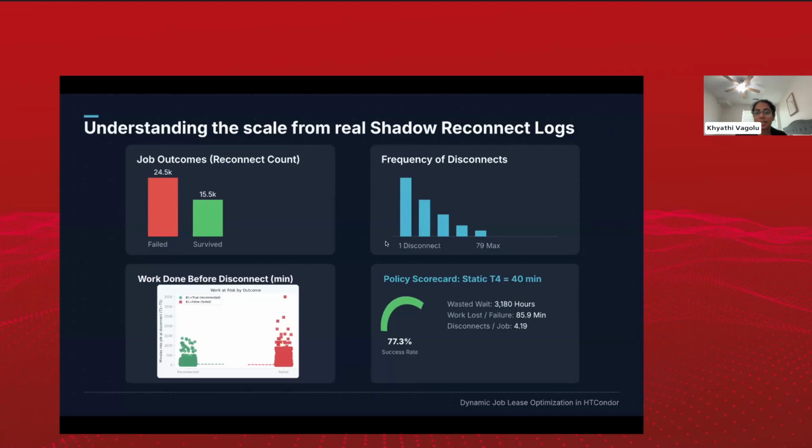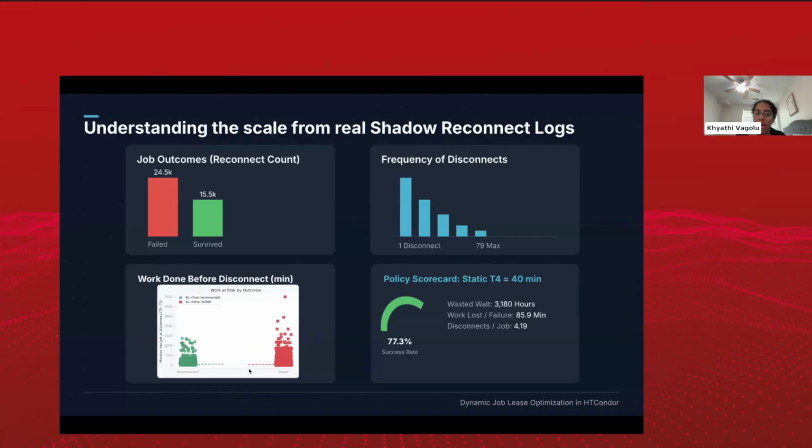If you look at the disconnect frequency, there are some jobs that recover after a single disconnect, but there are some that go up to 79 disconnects within that 40-minute window. So it is pretty diverse in that sense.